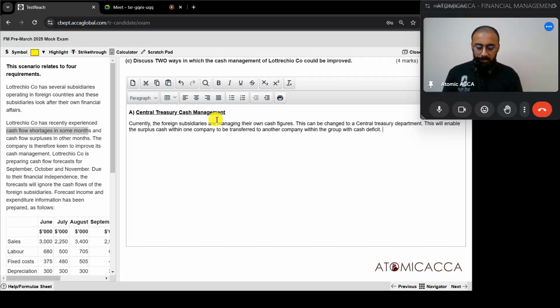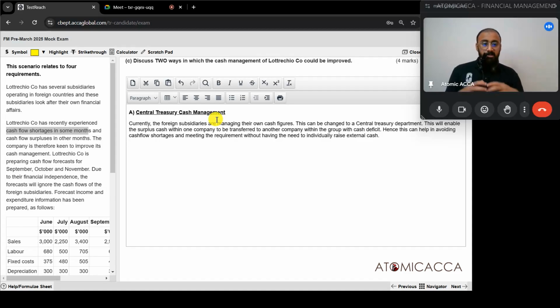Hence, this can help in avoiding cash flow shortages and meeting the requirement without having the need to individually raise external cash, meaning they don't have to raise a share issue, or they won't have to go through raising a liability. All that can be avoided.